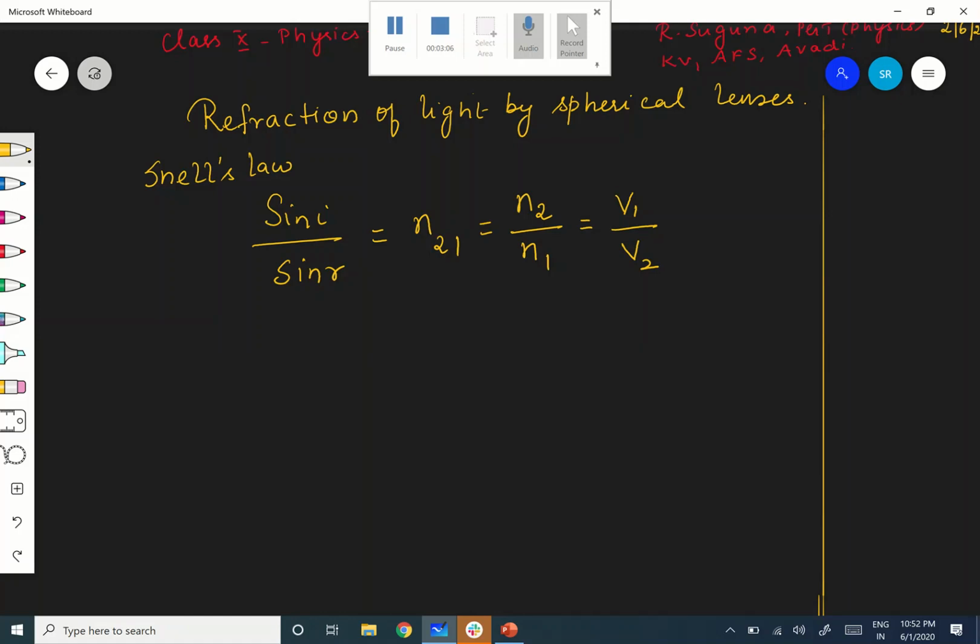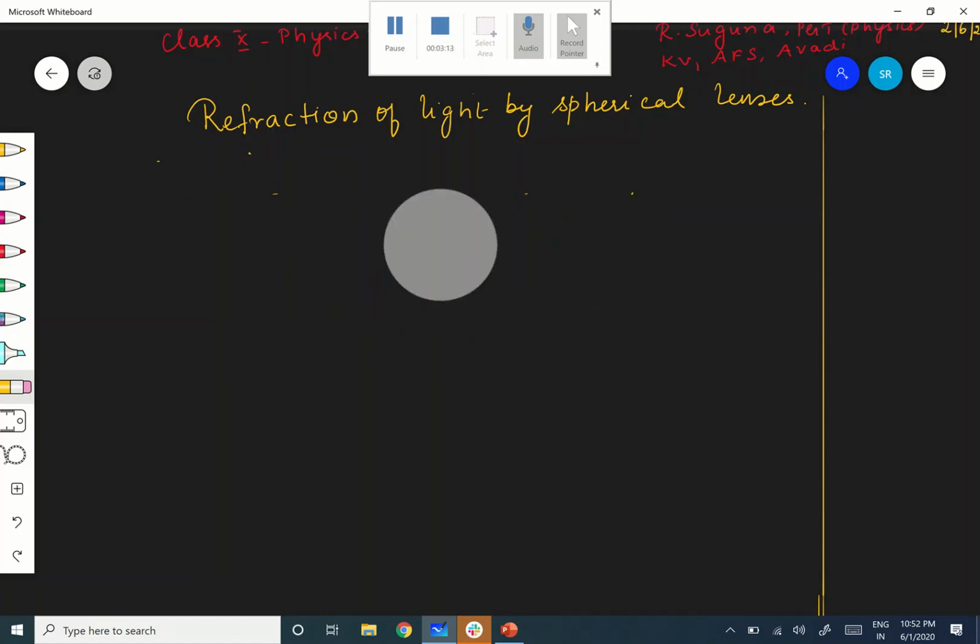Now we are going to the next topic, which is refraction of light by spherical lenses. So what is a lens?